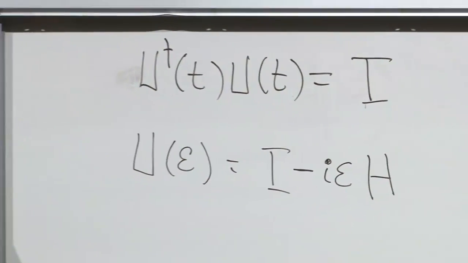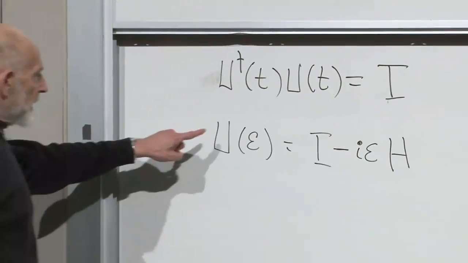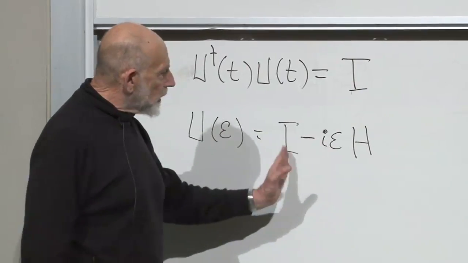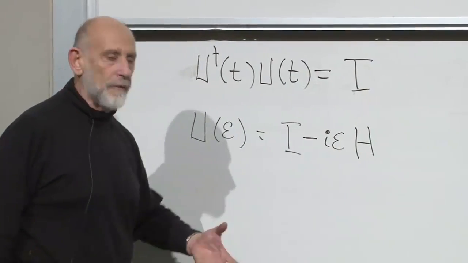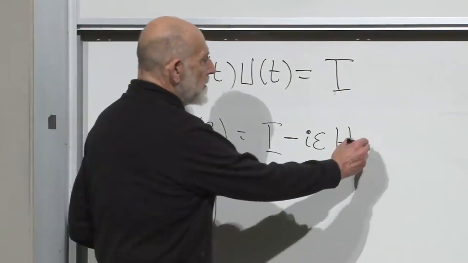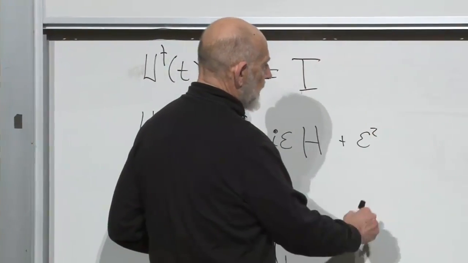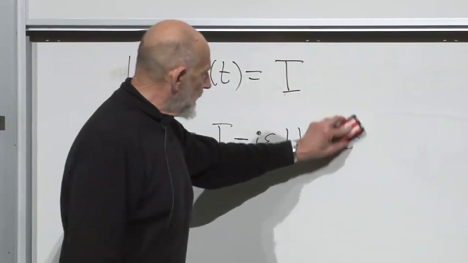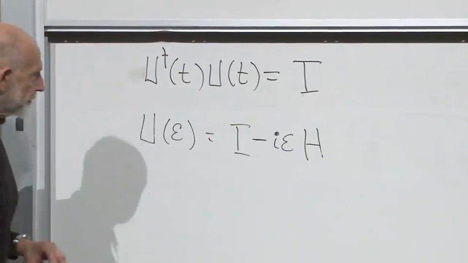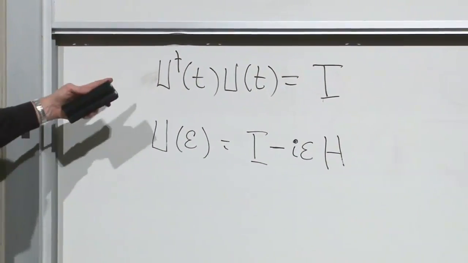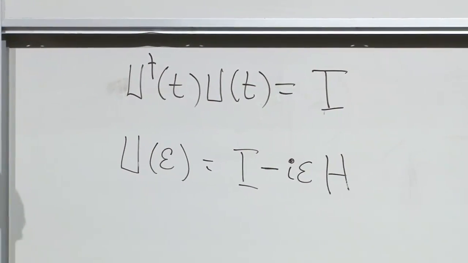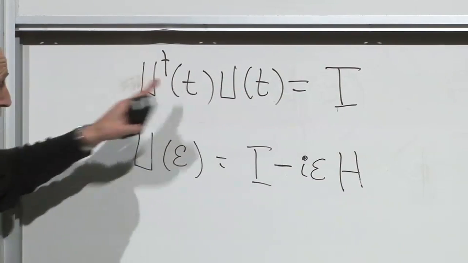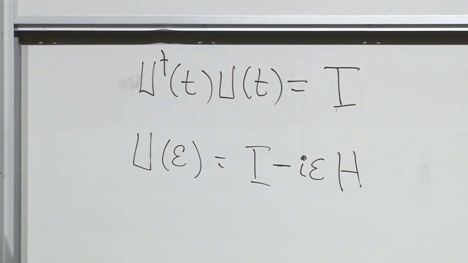So I have not really said anything other than, for small epsilon, the operator U is close to the identity. How close? Of order epsilon. And then there may be additional things of order epsilon squared, epsilon cubed, but we're going to drop them and study this equation. Oh, we should give a name to this equation here. More specifically, we should give a name to operators which satisfy this rule.